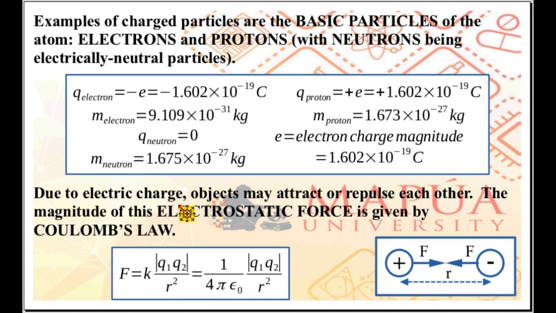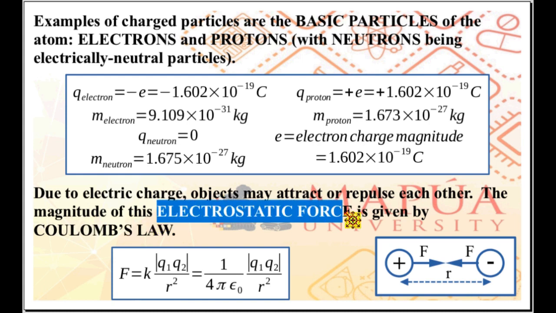Due to the electron charge, objects may attract or repulse each other, as previously mentioned. Attraction and repulsion interaction. The magnitude of this interaction force is referred to as the electrostatic force.